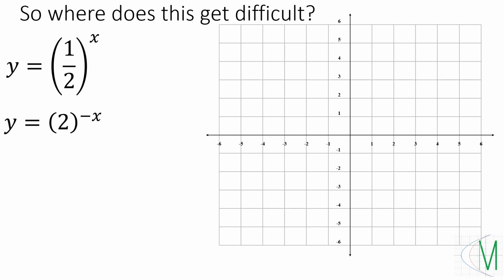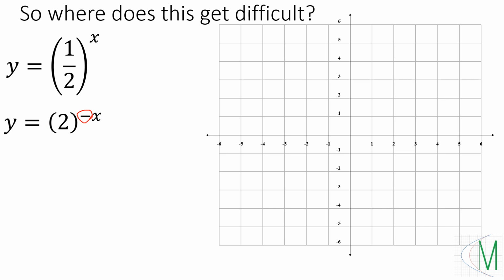Okay, now on the last problem we saw, when we had a negative in front of the 2, so when there was the negative sitting out here, we flipped it over the x-axis. When the negative is sitting up here, we flip it over the y-axis. So I'm going to get rid of this negative there because that doesn't matter anymore.